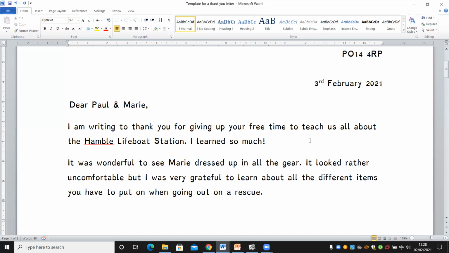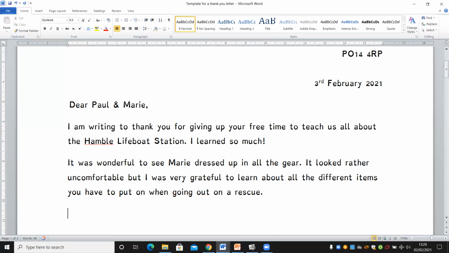See, children, I have expanded my sentence and I have made my writing much, much better because I have used the conjunction but to join ideas in a sentence. And the purpose of this letter is to make both Paul and Marie feel really, really appreciated for everything they have done for us. So what else could I do?